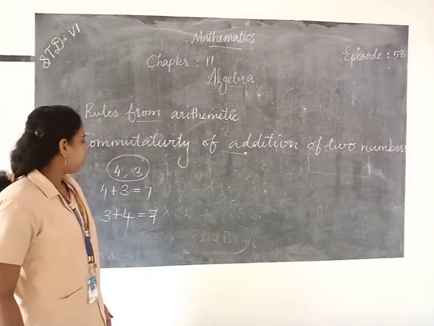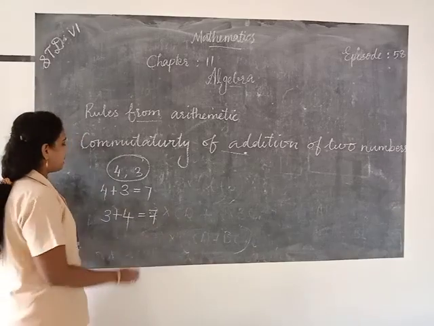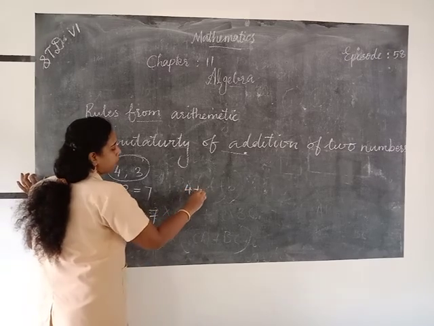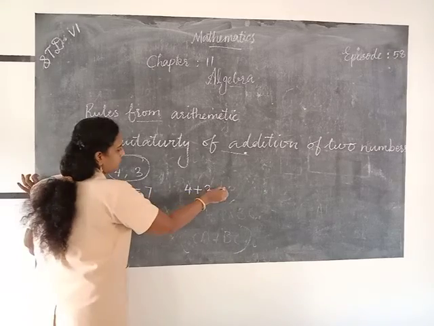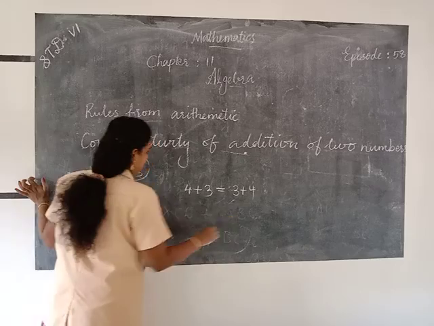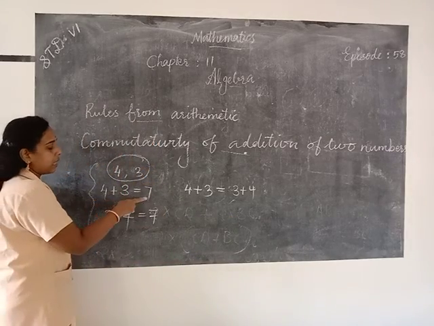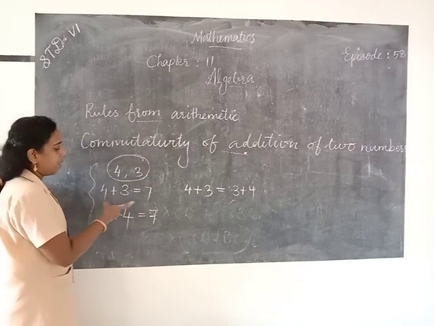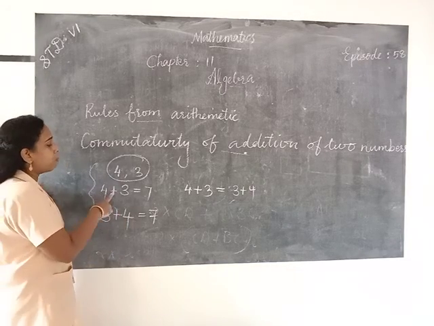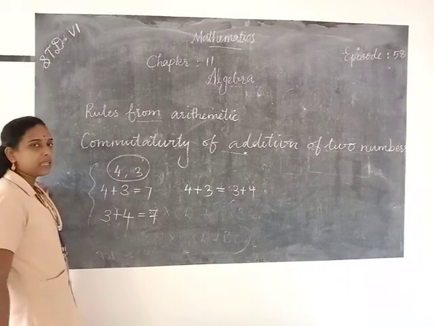So here we can use variables to express this property, which means 4 plus 3 is equal to 3 plus 4. Here we add 4 plus 3, then we get 7, and here we add 3 plus 4, then also we get 7.